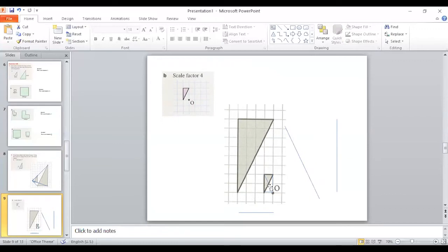Or you can measure using a ruler the distance between the center of the enlargement O and the vertices of this object triangle. You will multiply by 4 each of these drawn distances I have already drawn for you. Then you will obtain the distances. You can see the distances from O to the vertices of the image triangle.